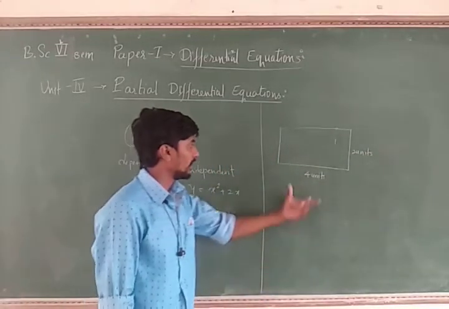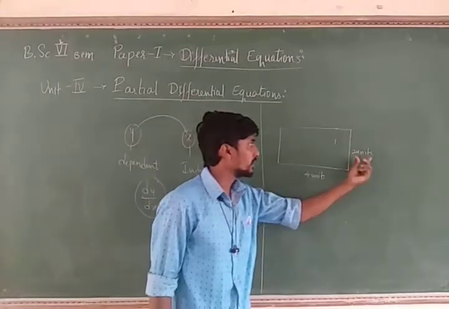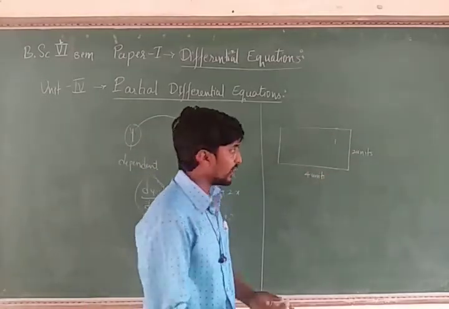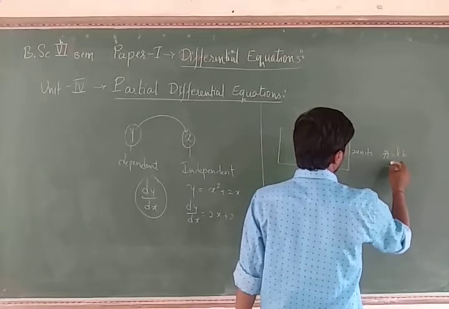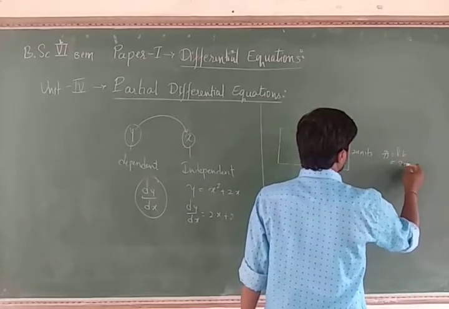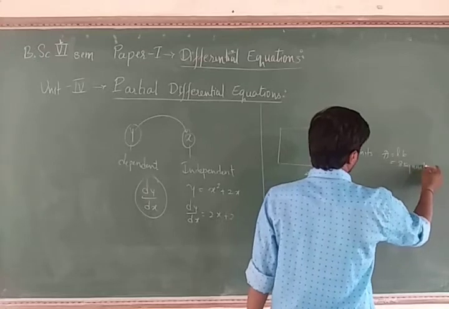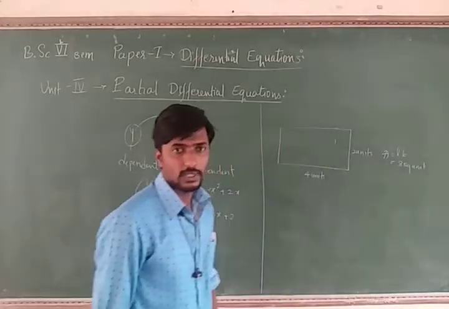So the length is 4 units and the breadth is 2 units. So what about the area? Area is equal to length into breadth, so it is 8 square units. Is that clear?